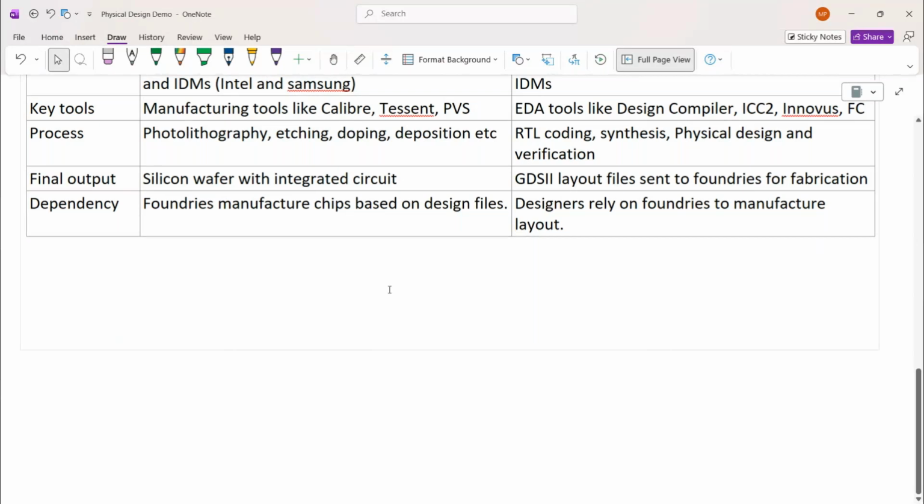Now the next is, as I told you, that GDS2 is what goes from us, right? So now let's move to physical design. The very first thing is, what is GDS, or what is GDS2? All of us have created that CMOS structure, right?